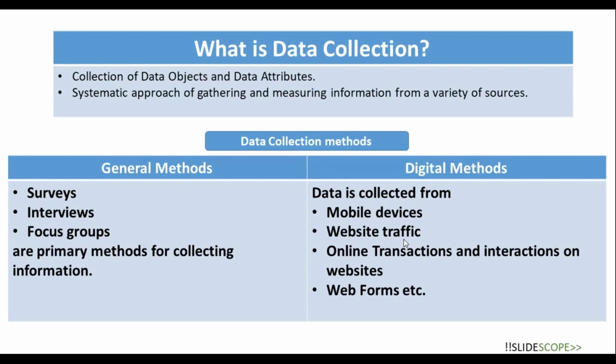Based on your past interactions, you might see recommended videos on YouTube. Based on your past interaction with some shopping website, you can see recommended products. That is the data-driven product which is created with the help of data from past interactions on websites.